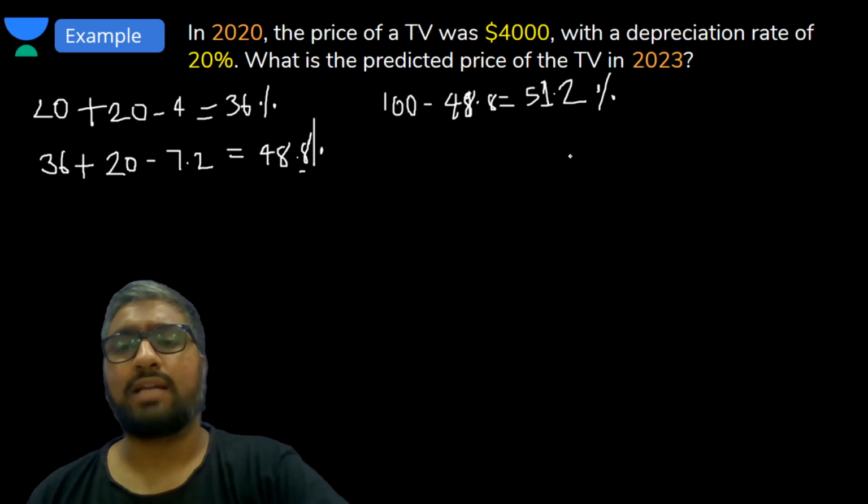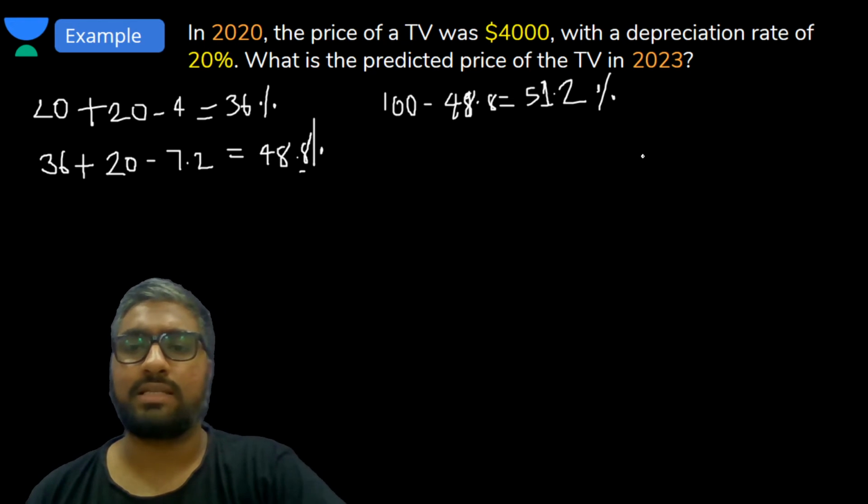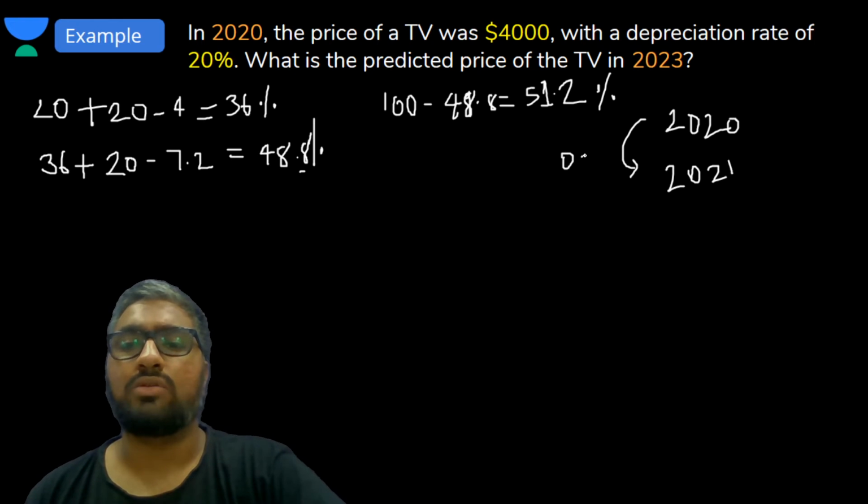Either that, or what happens? From 100 percentage, 20 percentage reduces. Yes, from 2020 to 2021, something that we've used, but this time it's going to reduce. So 0.8 times.